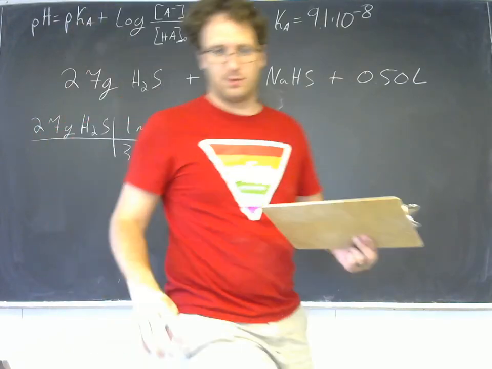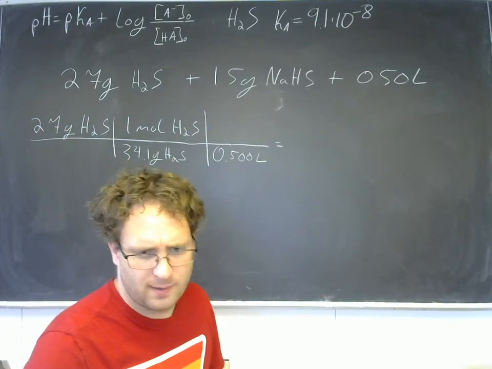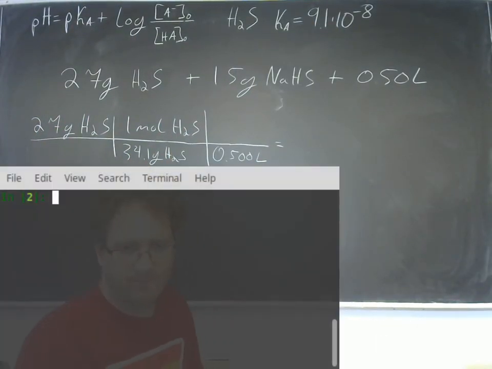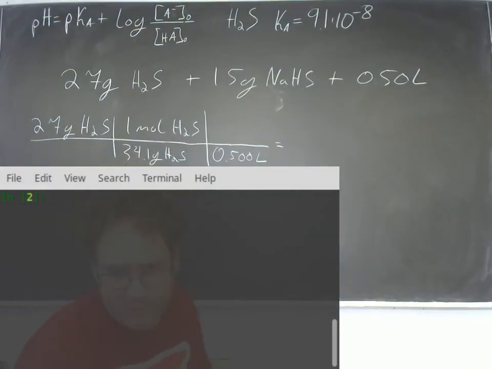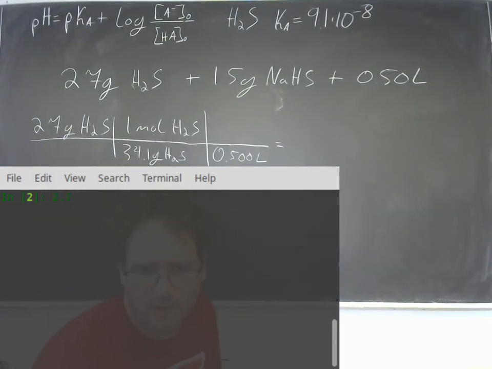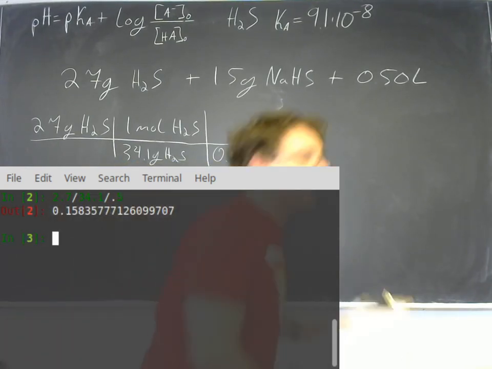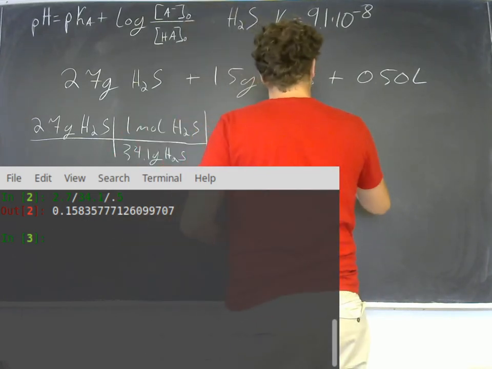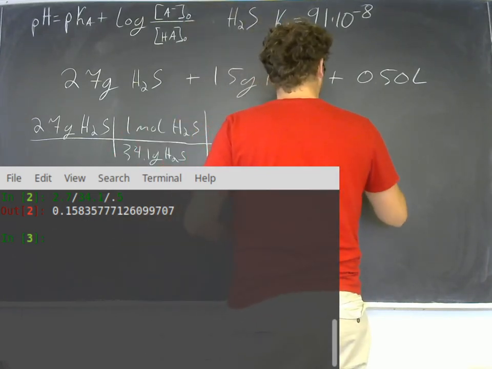And now we'll go to the calculator. So we have 2.7 divided by 34.1 divided by 0.5. That's 0.158 molar.